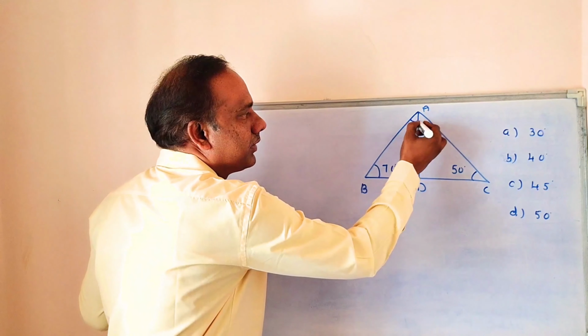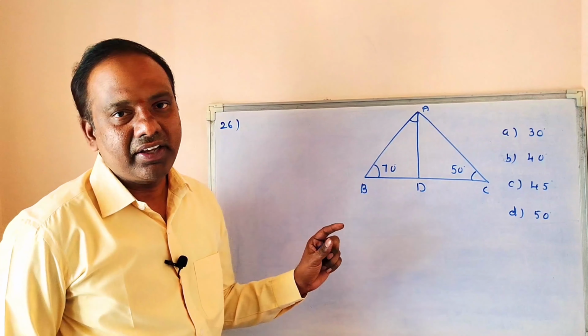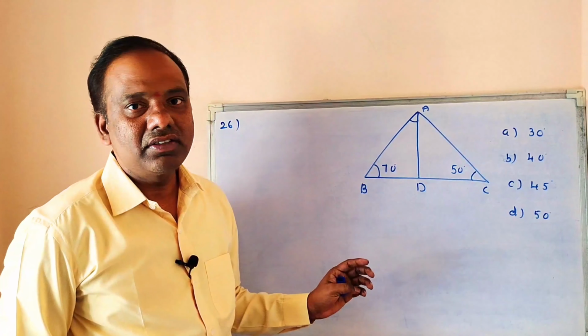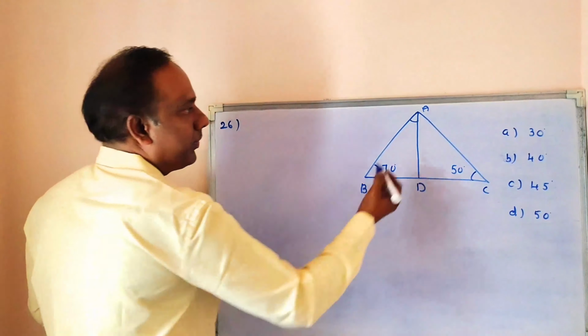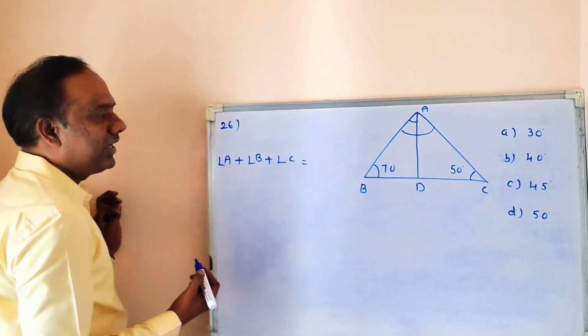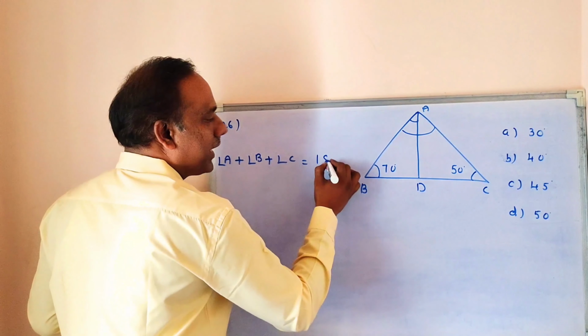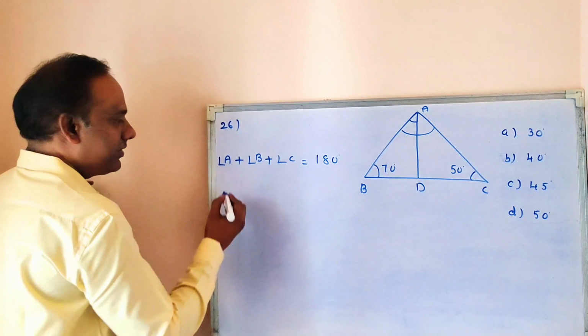First of all, it is a triangle, and in a triangle the sum of all the angles is equal to 180 degrees. That means angle A plus angle B plus angle C is equal to 180 degrees.